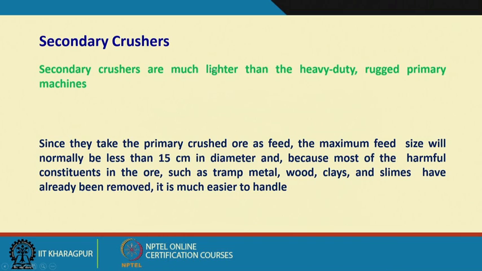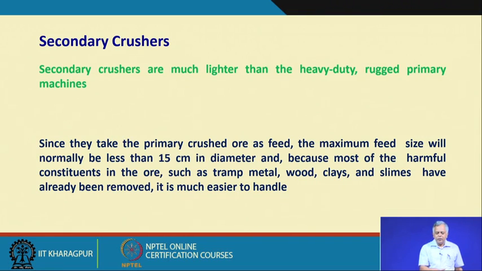Secondary crushers take already crushed material coming from the primary crusher. The primary crusher product, whatever has been discharged through the primary crusher, is now fed to the secondary crusher, so the top size of the particles is much smaller than the top size fed into the primary crusher.